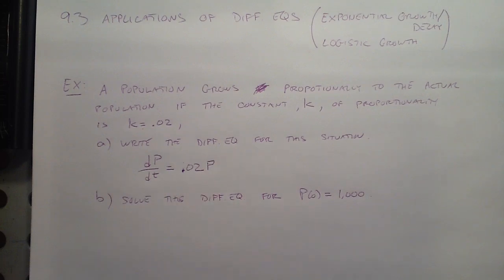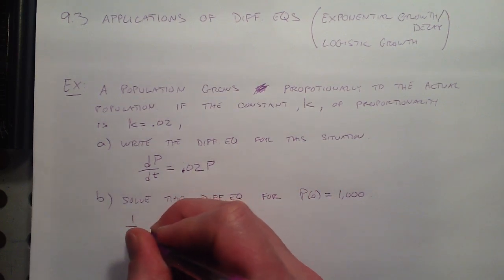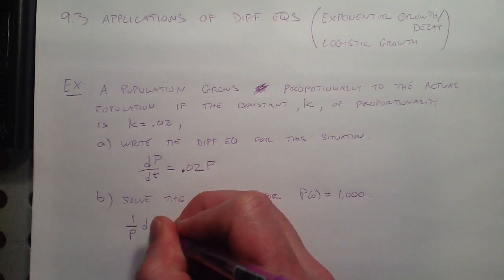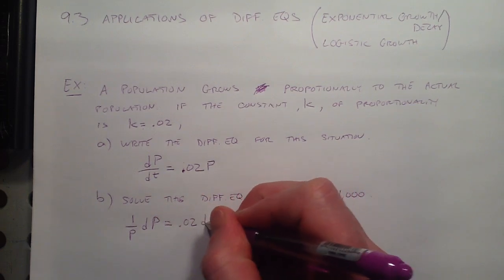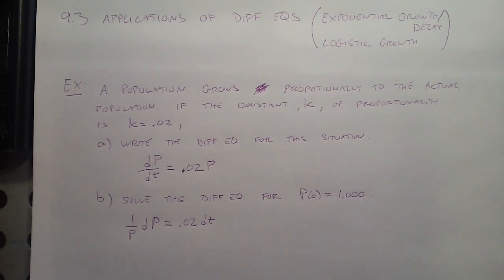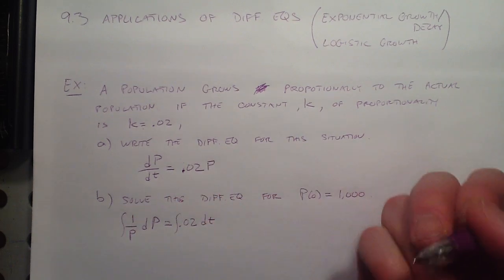Well, how do we solve this differential equation? We separate the variables. That would be 1 over P dP is equal to 0.02 dt. Just like we've been doing. Separate the variables, all the P's on this side, all the t's on this side. And then we integrate both sides.